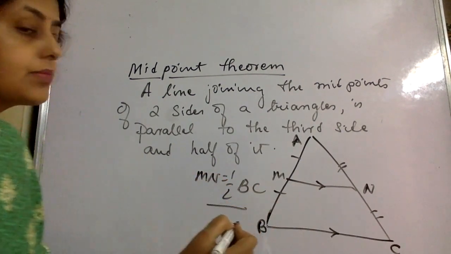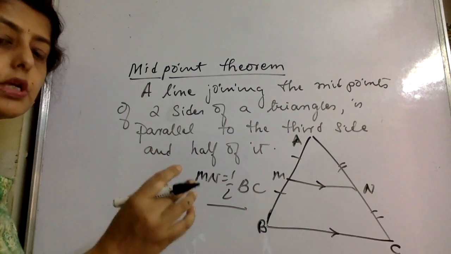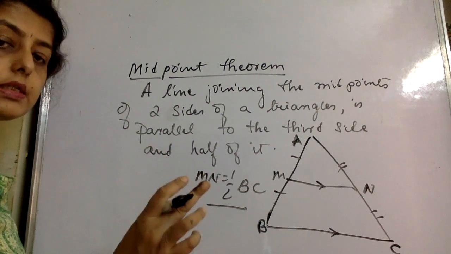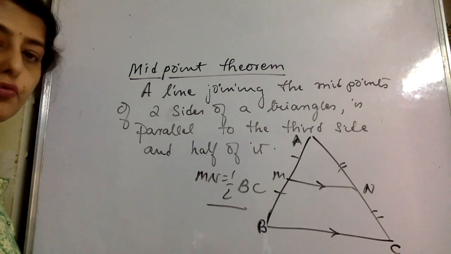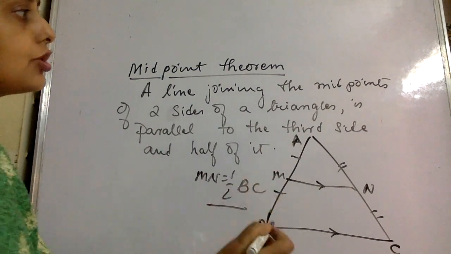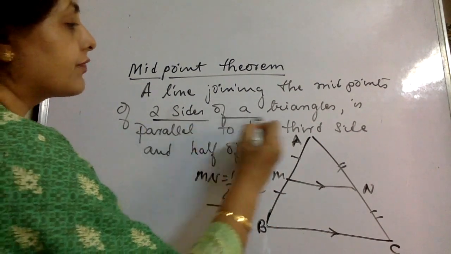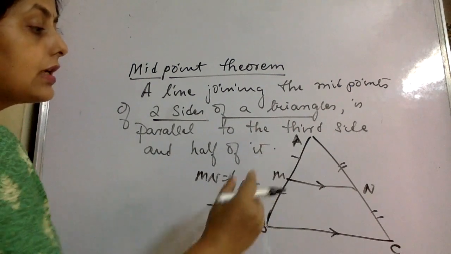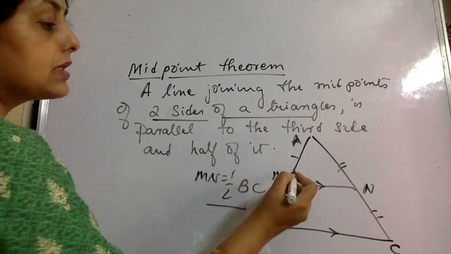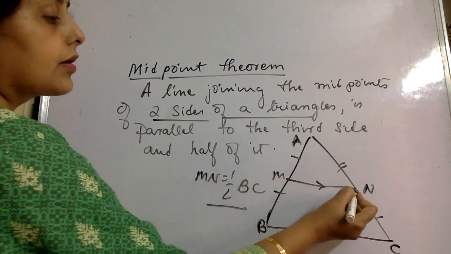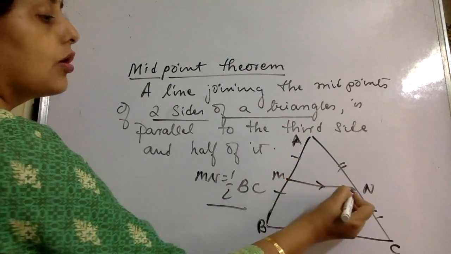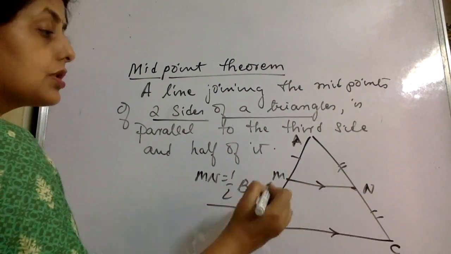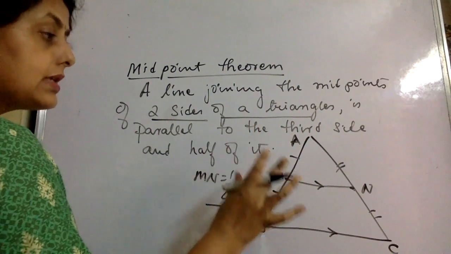Now in these sums, it is important in the two theorems to understand what is given and what is to be proved. If you see a line joining the midpoints of two sides of a triangle, you have to recognize the given part. The midpoints of the two sides of the triangle are mentioned. That is a fact.